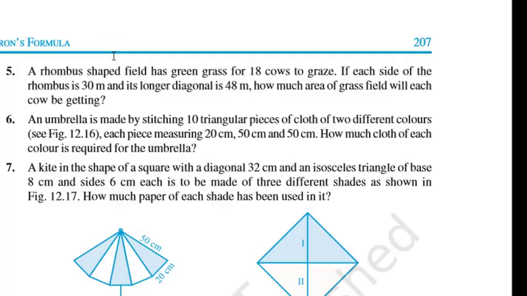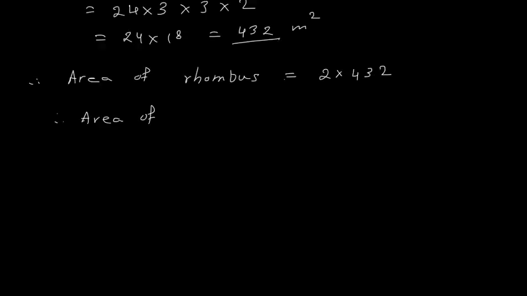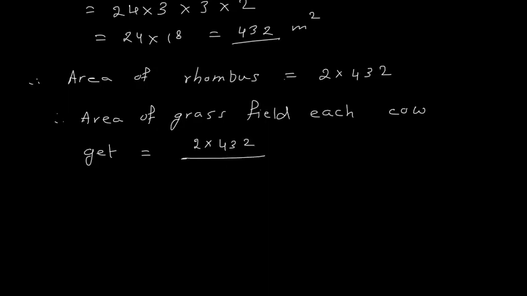The question is how much area of the grass field each cow will get. Therefore, the area of the grass field each cow gets is equal to 2 into 432 divided by 18.